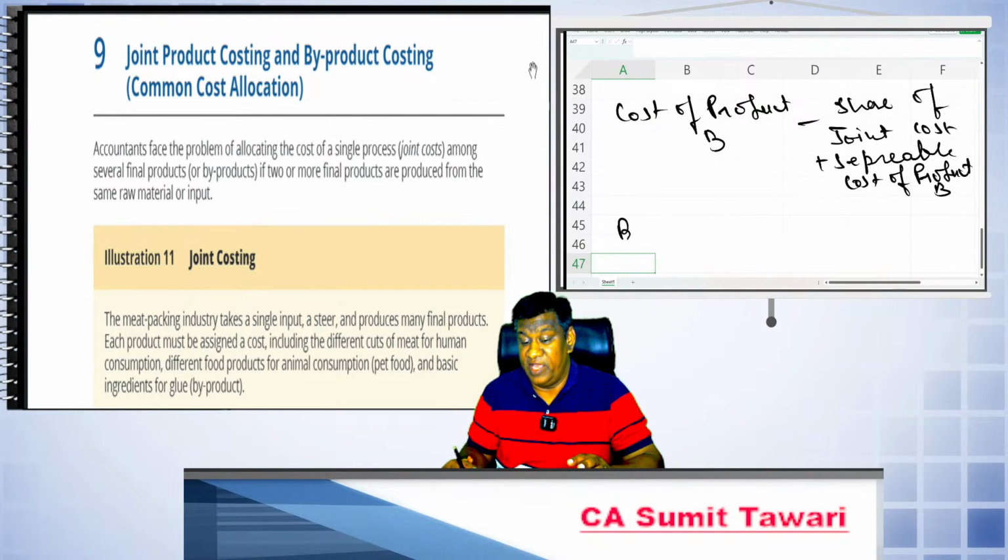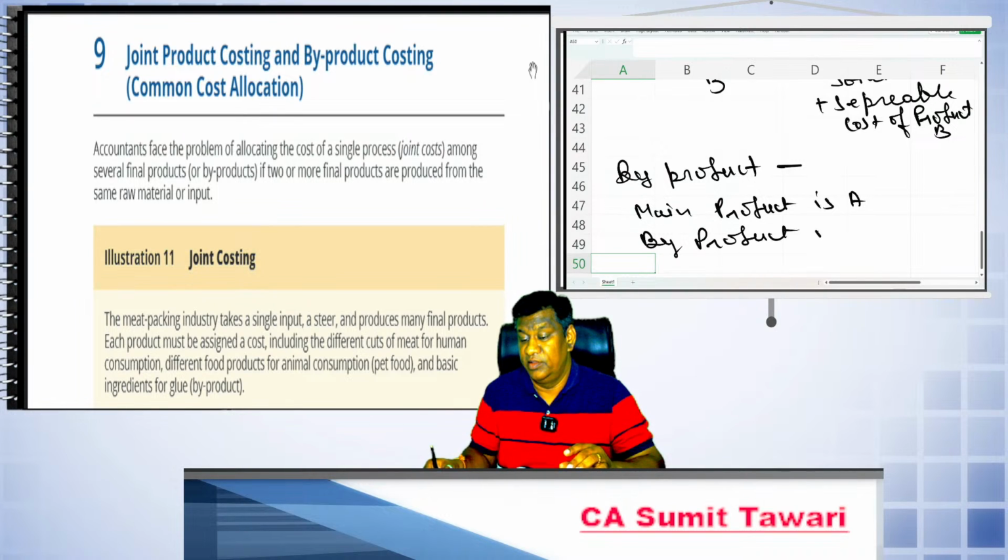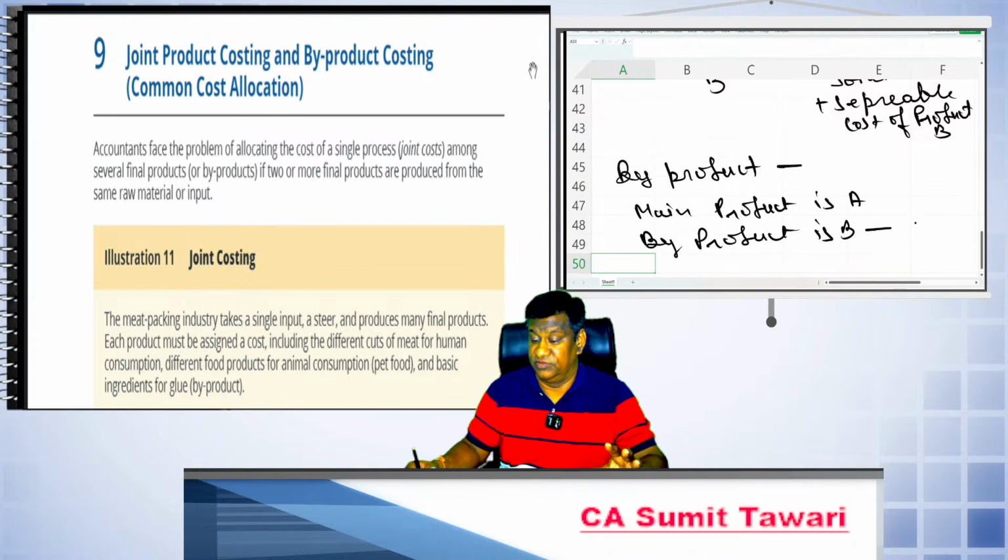In byproduct, what happens? Say the main product is A, and the byproduct is B. So here there is no separable cost because we receive it as it is. So no separable cost.